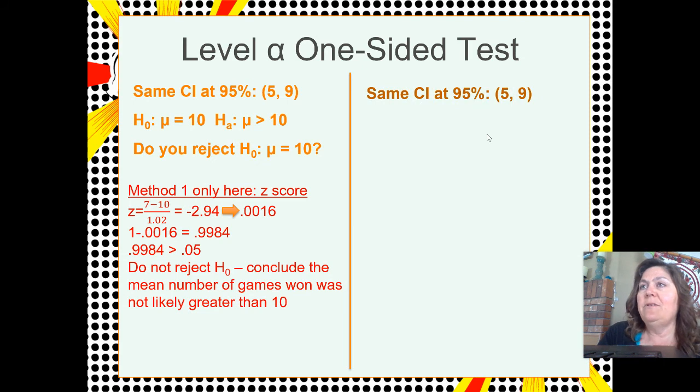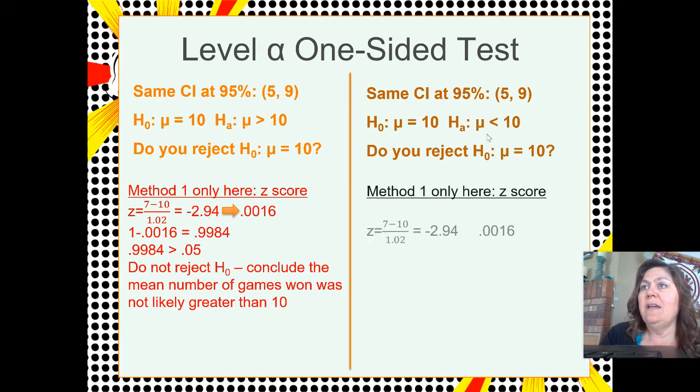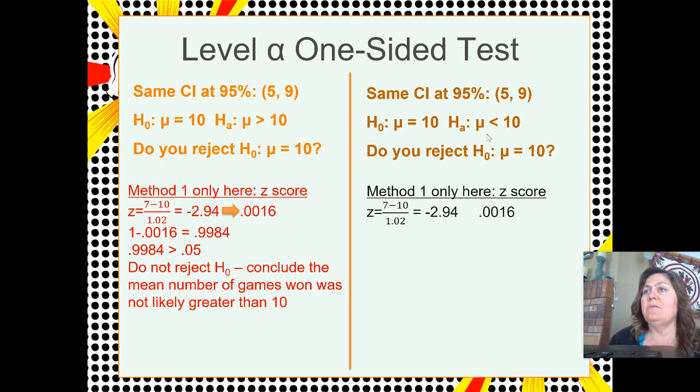So here's your same CI at 95%, 5 and 9. And if you had the null hypothesis mu is 10 and the alternative mu is less than 10, would you reject it? Again, this is one-tailed. This time our z-score is the same, but we're not subtracting it from 1 because we're going to the left, correct? This is less than 10.